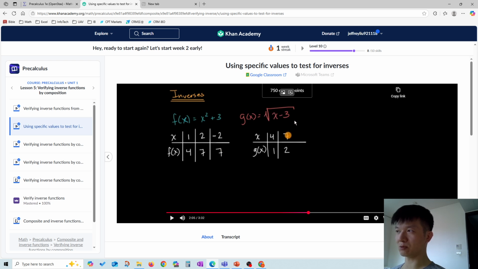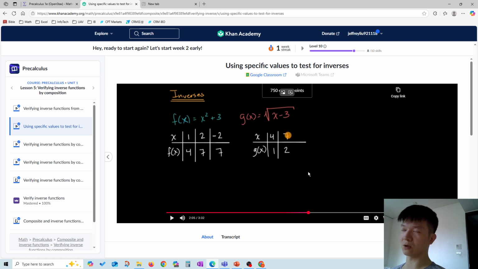So you're left with x minus 3, and plus 3, you get x. Okay, that works. But how about the other way around? x squared plus 3 minus 3, and then you've got the square root of x squared. So what is the square root of x squared? Is that going to get us x again?